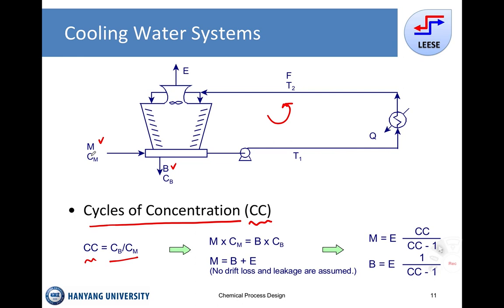So the makeup and the Cm is the indication for the level of the flow rate and the contamination for the water. So as a makeup, the Cm will be very low, okay, because of the clean water. The Cb is high because the Cb represents the contamination level inside the circuit, because we're taking out the water from the circuit.